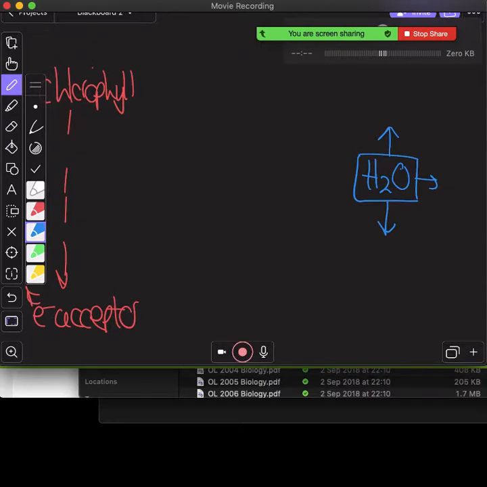The very last equation that we said is the thing that makes it aerobic respiration. Anyone remember what it is? Oxygen. The one with the oxygen. The electrons and protons, yeah, and oxygen give water. Okay, so electrons and protons and oxygen give water.